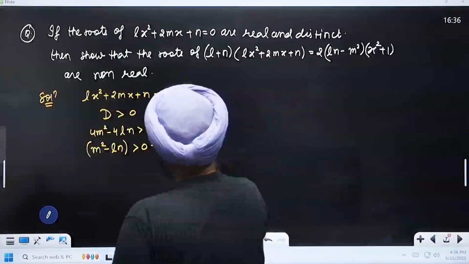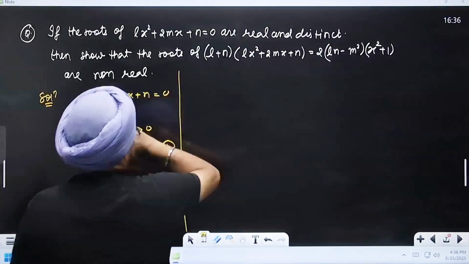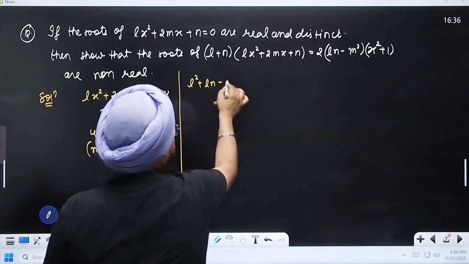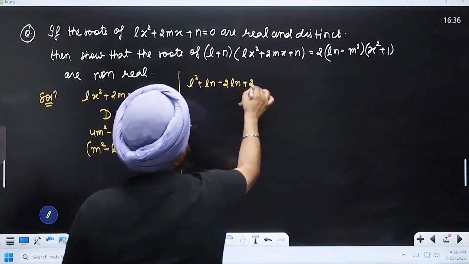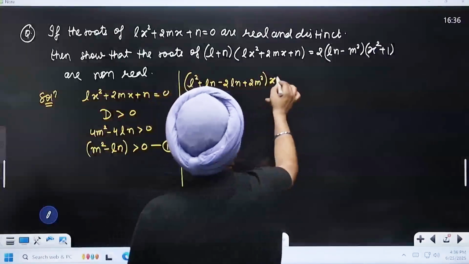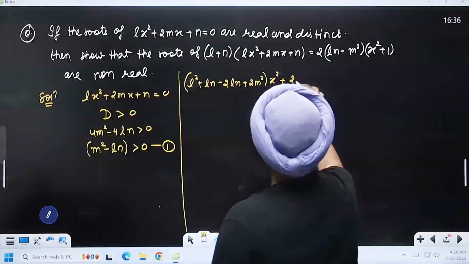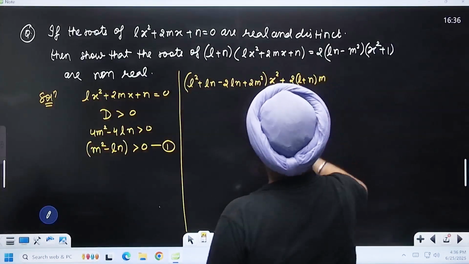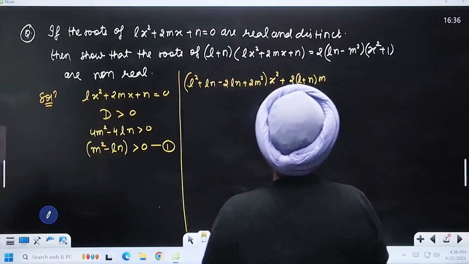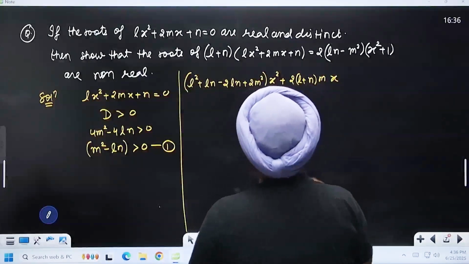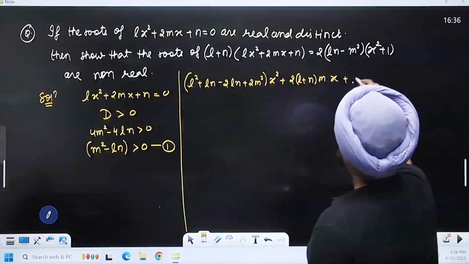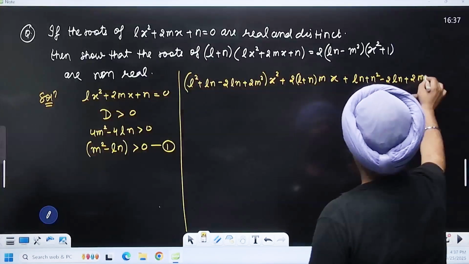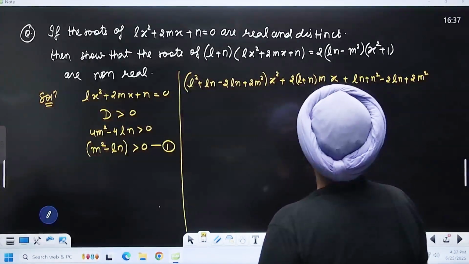So let's find the discriminant of this quadratic equation. First we can write this quadratic as l square plus ln minus 2ln plus 2m square, x square, plus 2l plus n into m, the coefficient of x, and the constant is ln plus n square minus 2ln plus 2m square.